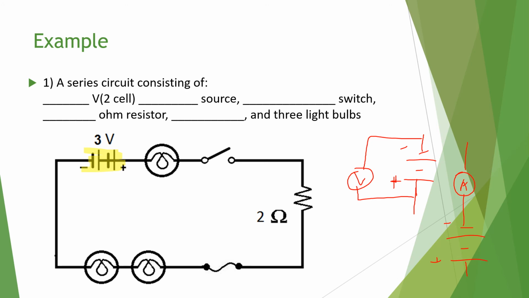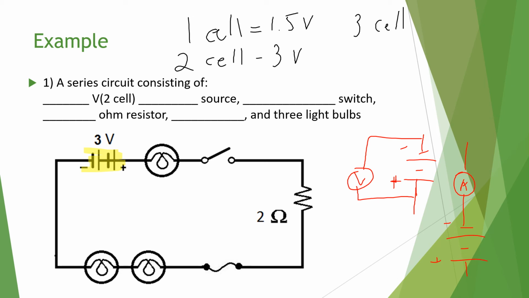And it's important to know that 1 cell is equal to 1.5 volts. So a 2-cell battery is going to be double that, 3 volts. A 3-cell battery, each cell represents 1.5 volts, so every time you're going to add 1.5 volts. So 3 cells would be 4.5 volts.